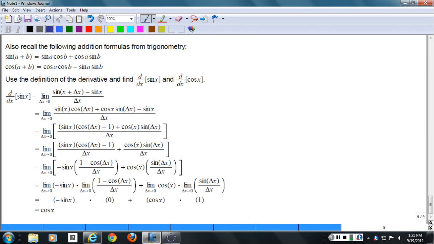So what I want to do is something that looks very much like this, except I'm going to see if I can find the derivative of cosine x, whereas the derivative of sine x has been done for us. Oh, let's look at the punchline. Derivative of sine x, cosine x. How about that? Wonder what the derivative of cosine x will be.